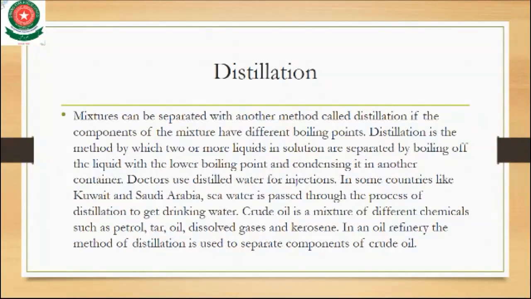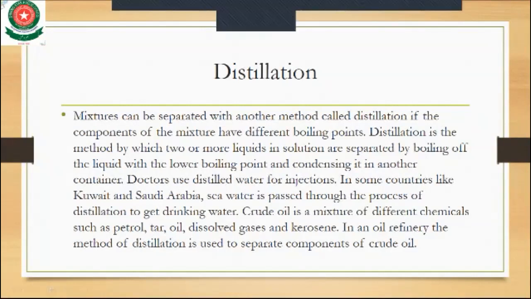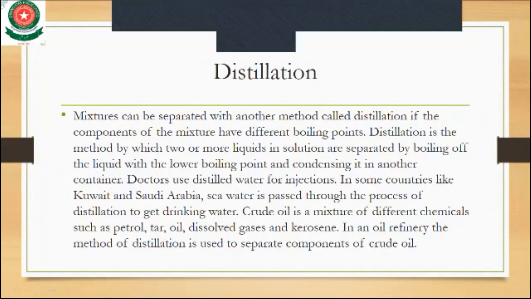Another example is crude oil. Crude oil is also a mixture of different compounds. It is a mixture of petrol, tar, oil, dissolved gases and kerosene.